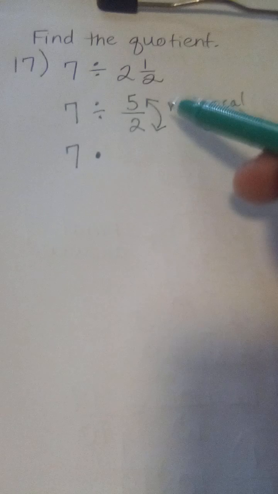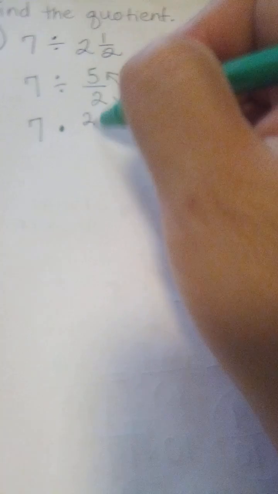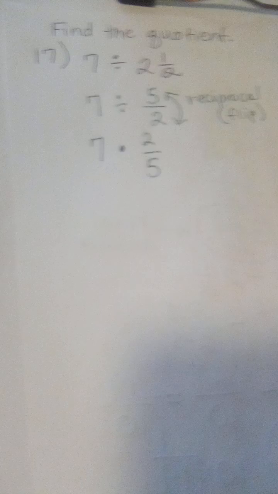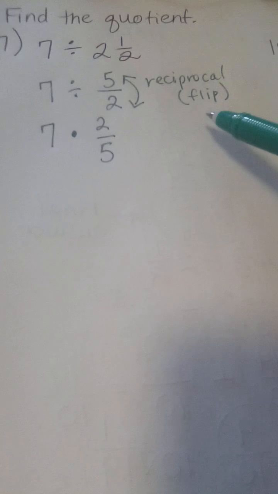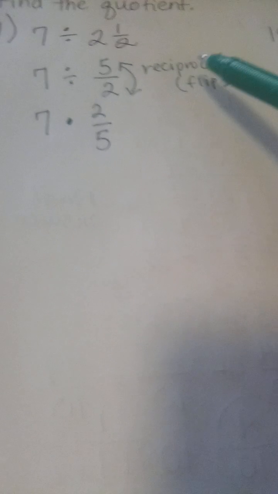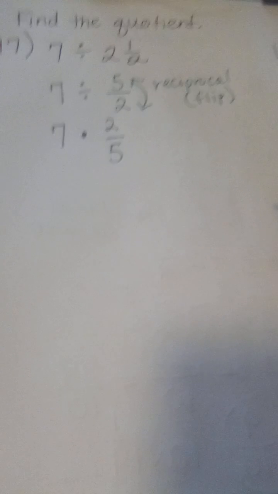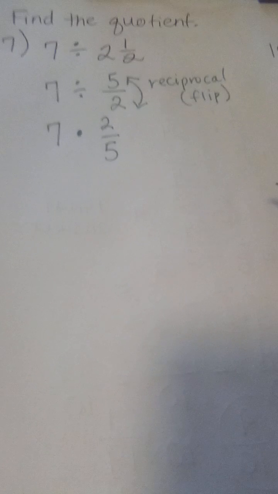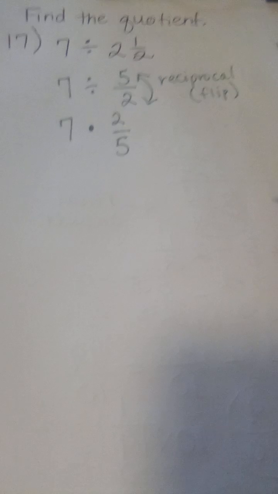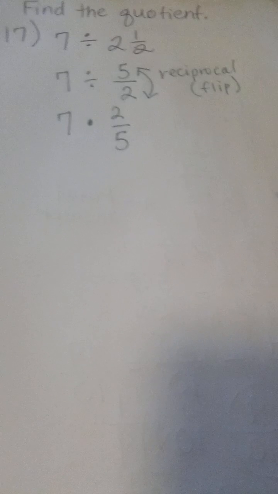So we'll flip this into 2/5. So when the teacher asks you what's the technical word for flip, it's reciprocal. When you see this, just flip it over. And we're almost done. Now, what numbers do we multiply first? The 7 times 2 or the 7 times 5?